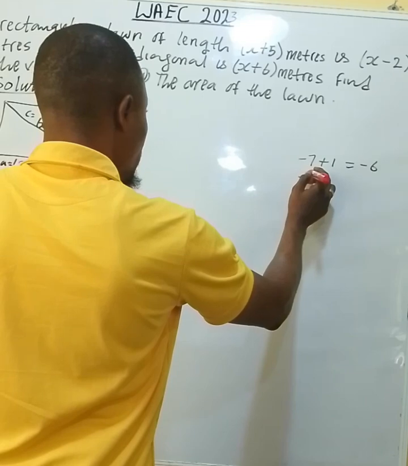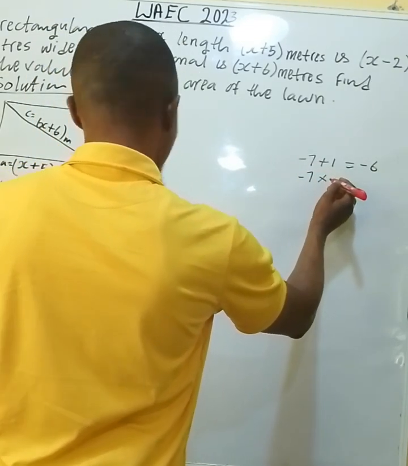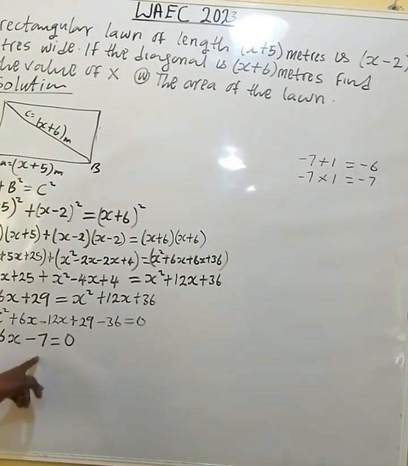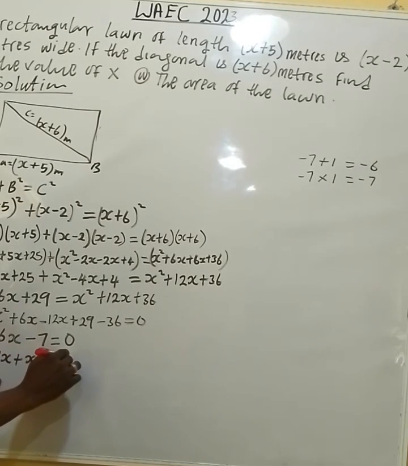Minus 7 times plus 1 equals to minus 7. So those are the two factors that we are going to use now, minus 7 and plus 1. So it will now give us x squared minus 7x plus x minus 7 equals to 0.